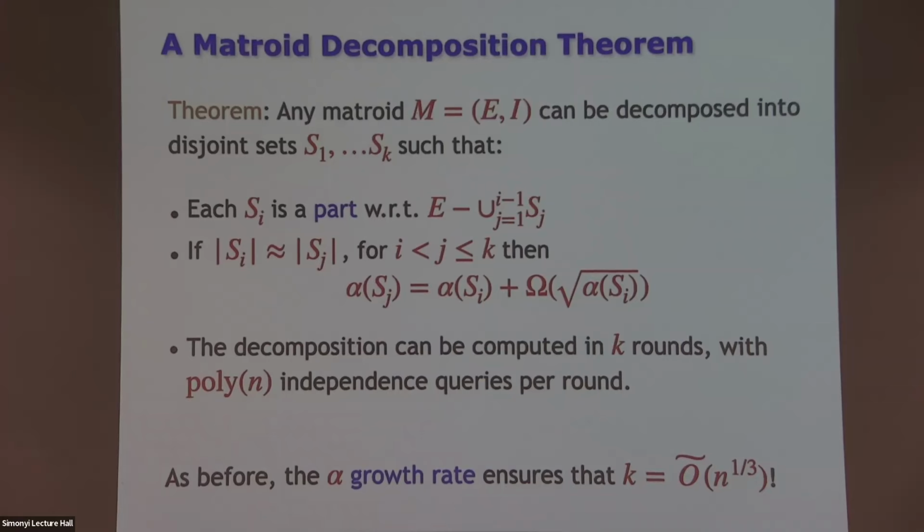And using the exact same logic as before, you can even show that the alpha growth rate ensures that this is always going to be bounded by just n to the 1/3 many rounds. And so this is a very functional decomposition, which decomposes the matroid into a bunch of well-behaved pieces.